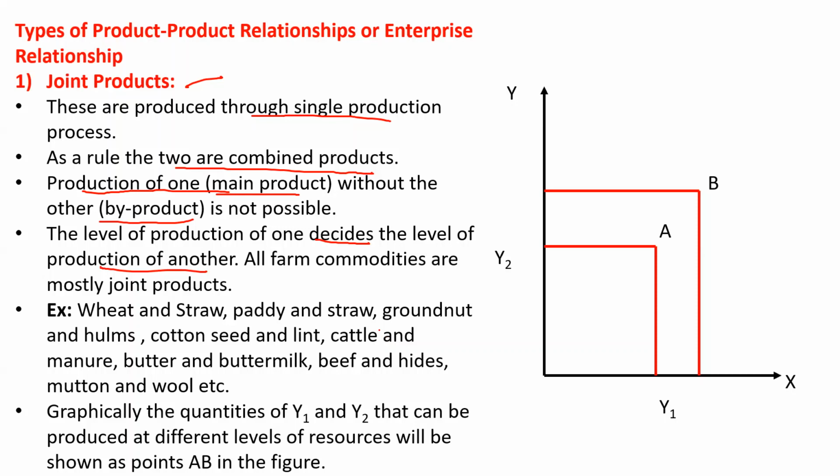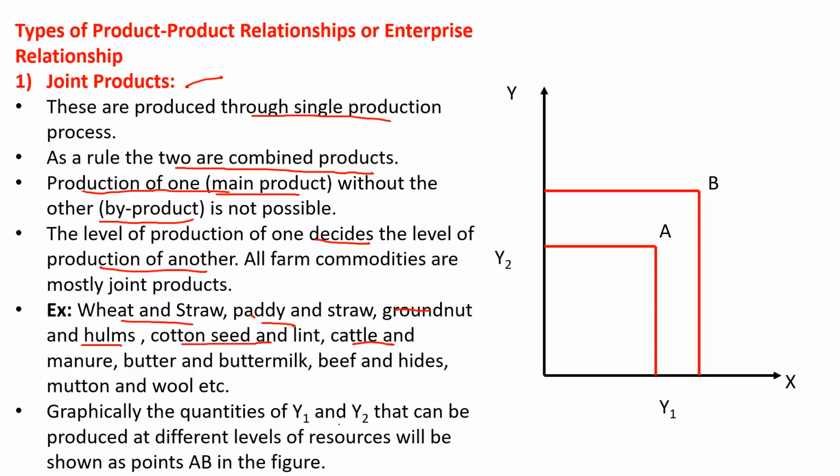Then all farm commodities are mostly joint products. सारे farm commodity, agriculture commodities joint product है. For example, wheat and straw, paddy and straw, groundnut and cotton seed and lean, cattle and manure. So these are the example of joint products.